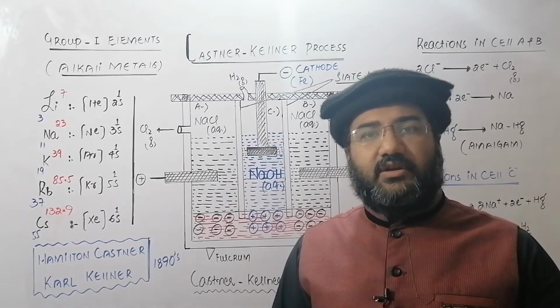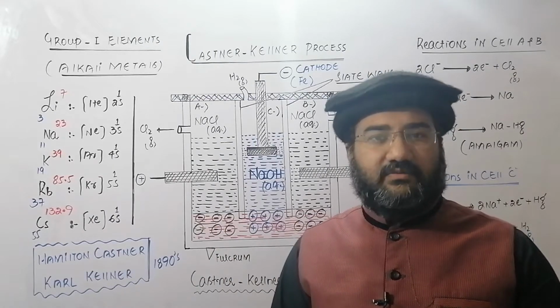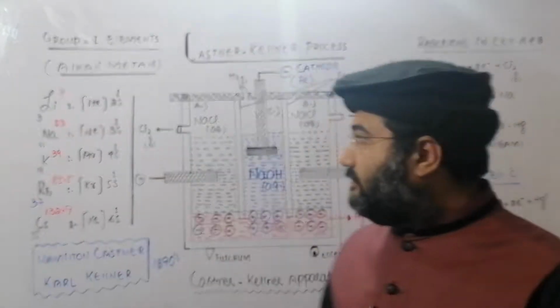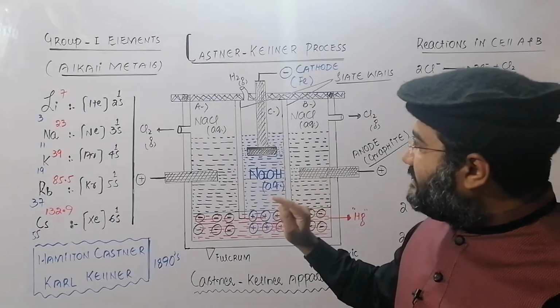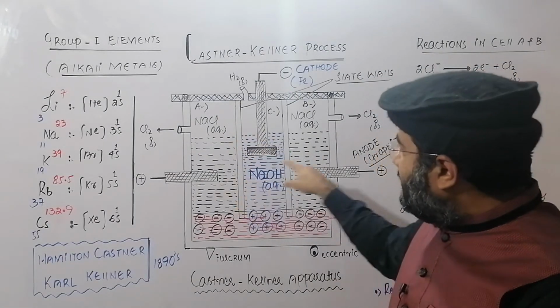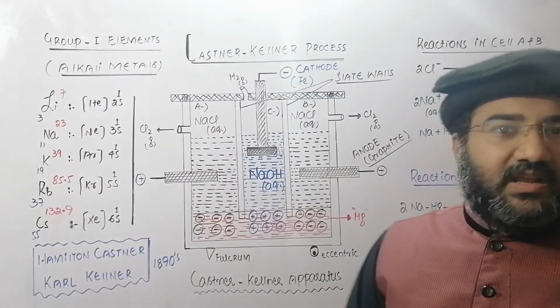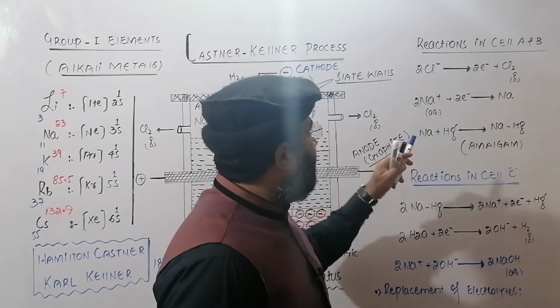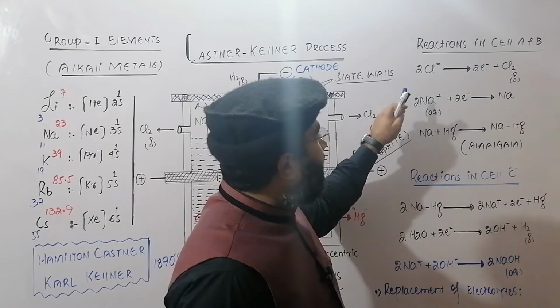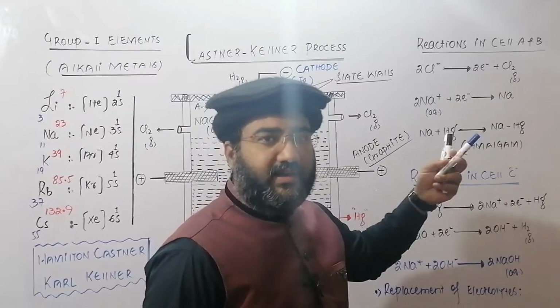Now let us look into the reactions and how this cell works. My dear students, first of all, we are going to discuss the reactions taking place in cells A and B. In these cells, when NaCl solution is used, it has sodium ions and chloride ions.